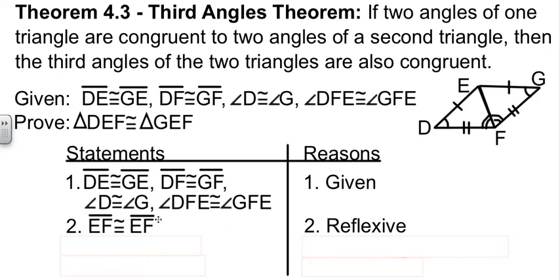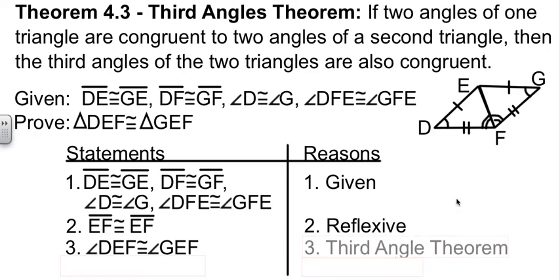Now we also need three sets of congruent angles. We've got two. So the third angle theorem tells me this third angle, DEF, is the same size as GEF. That's the third angle theorem. You'll notice sometimes I go singular and sometimes I go plural. Doesn't matter really. Well, now we have everything we need.